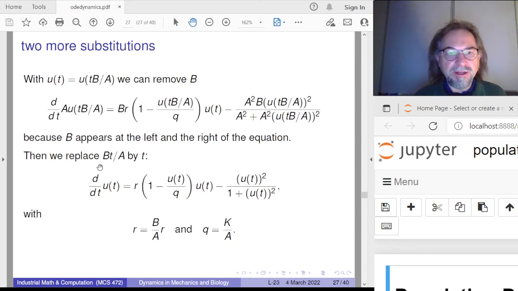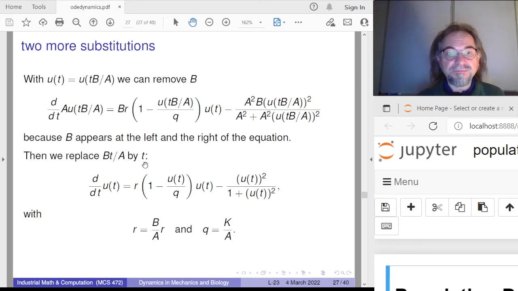The B will appear when you do the derivative. Then the B over A with the chain rule will cancel the A, and the B at the left and the right can be cancelled. So then we replace, as the independent variable, everything again by t.